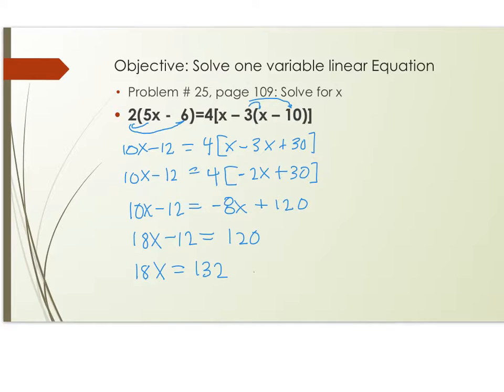And x now is equal to 132 over 18. If we take a 6 from both, we get 22 thirds, and we could also put that in decimal form.